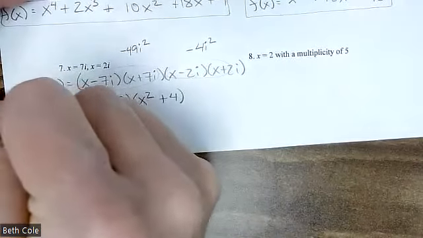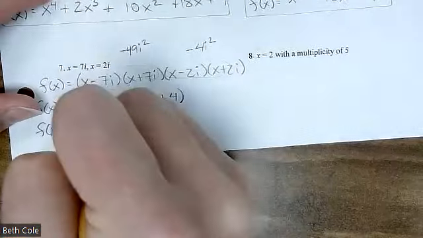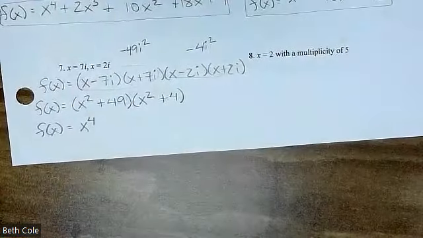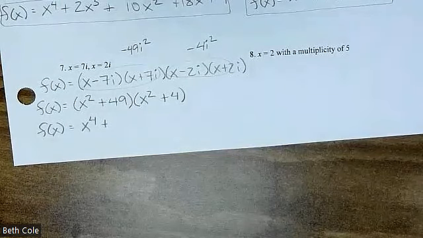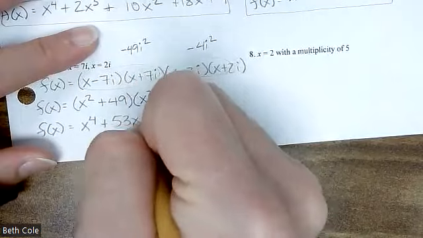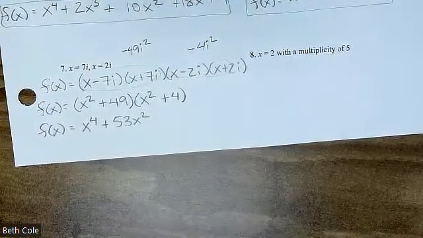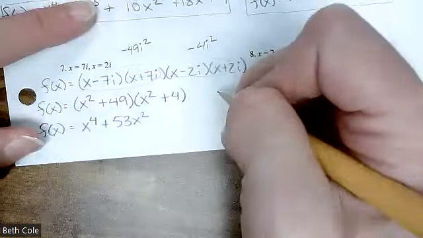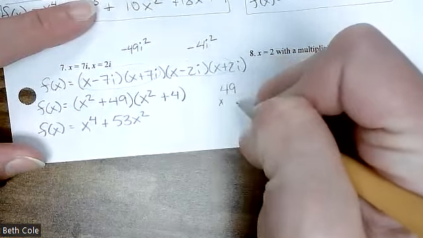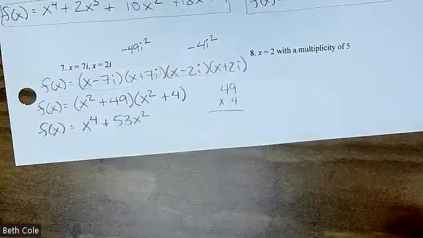And then we're going to multiply all that together. So it'll be x to the 4th, which is what we were expecting, plus, all right, outsides and insides together. Is that 53? x squared. And then 49 times 4. You could do 50 times 4 and then adjust it. Or do you guys remember how to actually multiply like numbers if you had to do a side problem here?